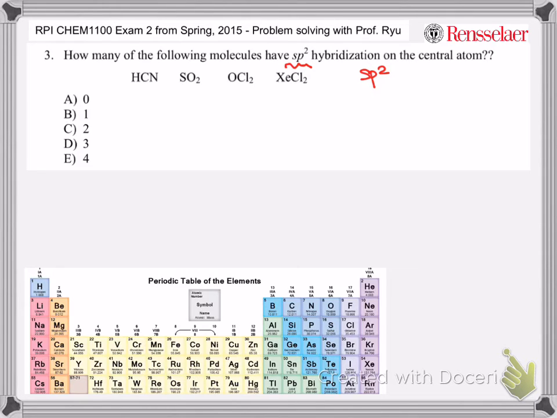So if you're looking at HCN, you have to know the central atom is carbon, with hydrogen and nitrogen. Hydrogen has 1 valence electron, so it must form a bond, and the nitrogen and carbon should form a bond, so there should be 1.